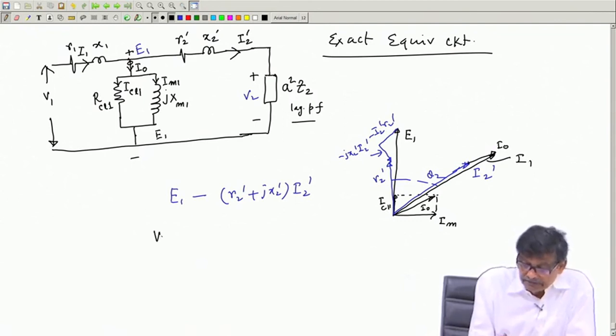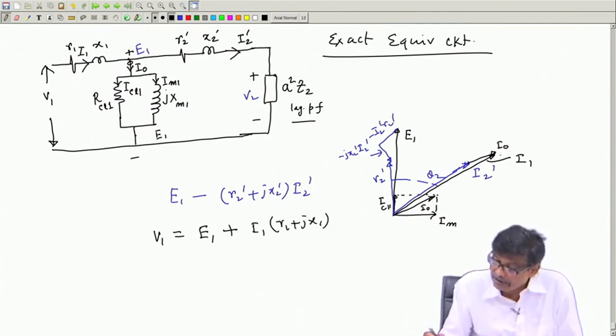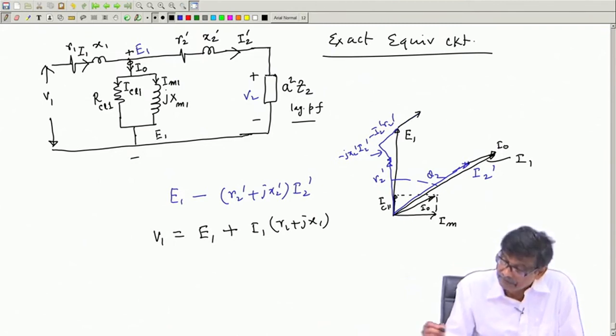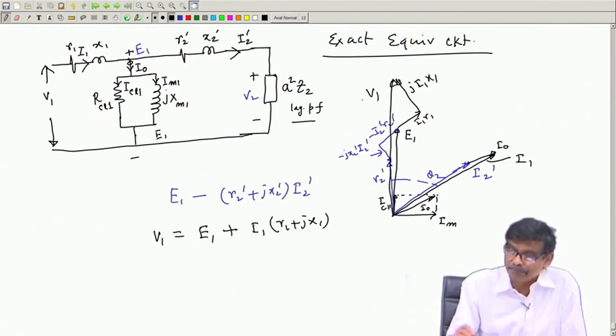V 1 is nothing but E 1 plus I 1 into R 1 plus J x 1. I 1 I have got, I know E 1, therefore, I 1 R 1 parallel to I 1, and J I 1 x 1, and this you add, you will get V 1.